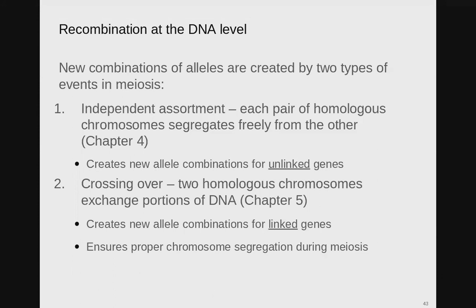Crossing over, as we've covered in chapter 5 of your textbook, does create new combinations for linked genes. So as we discussed last class, recombination is just pieces of DNA swapping places, right? It creates new assortments of alleles, which gives rise to more genetic diversity, which is an important thing.